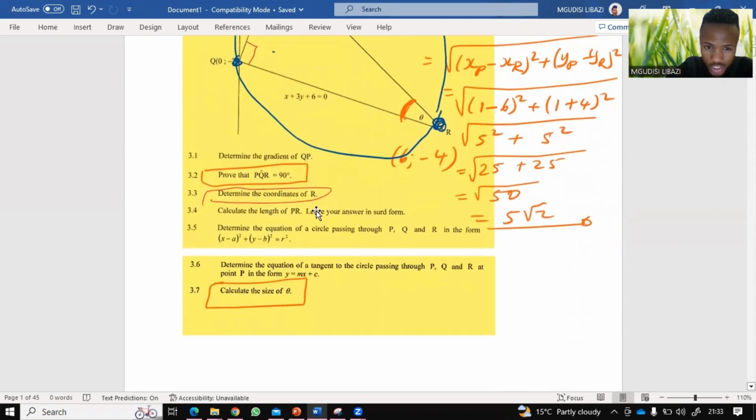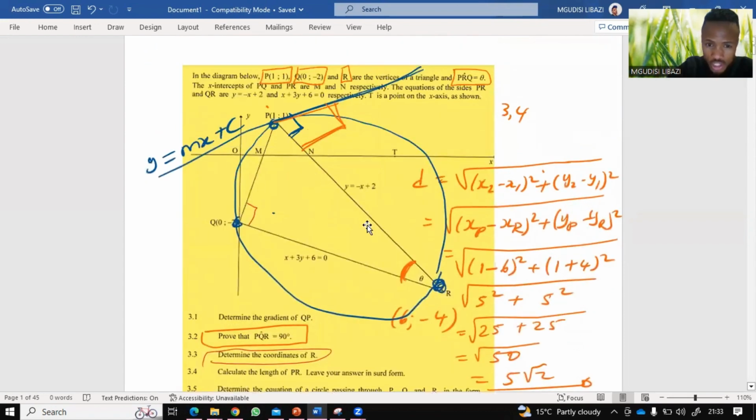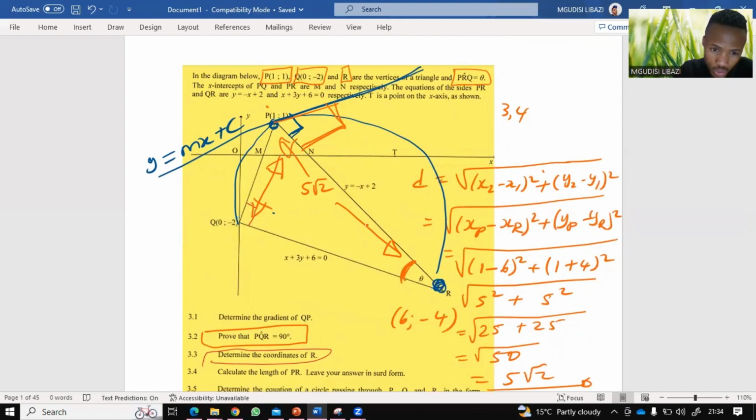They said calculate the length of PR, so we can use this PR, because this line will still be correct either way. This 5 root 2, which is the square root 50 we have found, is the hypotenuse side of this right angle triangle. And then we can calculate also this side here, and that length is PQ. If we can find that, we will be able to find the angle.